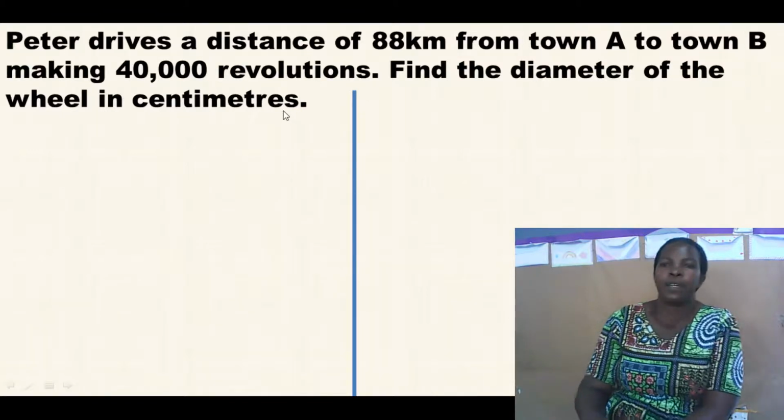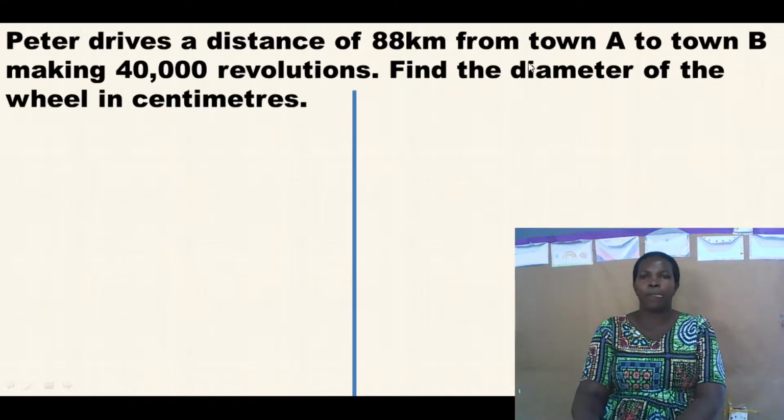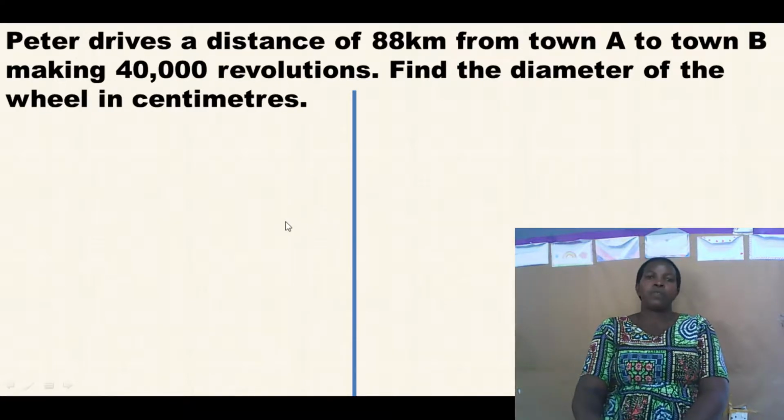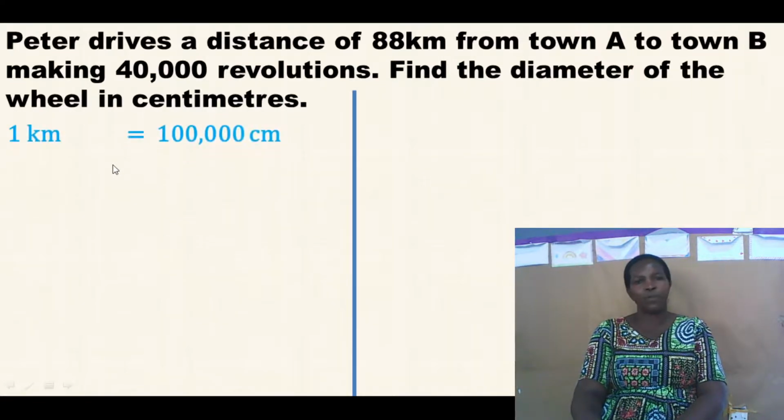Now, my dear boys and girls, we need to start off by converting the distance between town A and town B into centimeters. Remember, who can remind us? What does 1 kilometer equal in centimeters? Yes, 1 kilometer is equal to 100,000 centimeters.